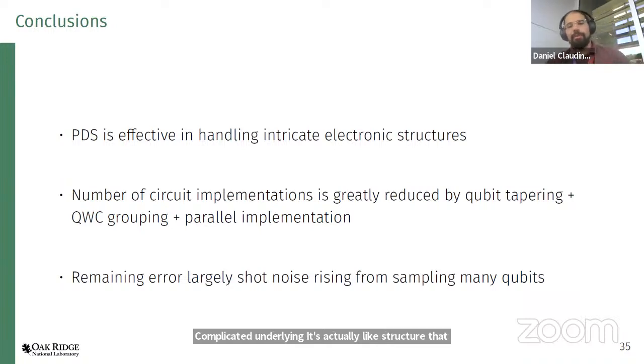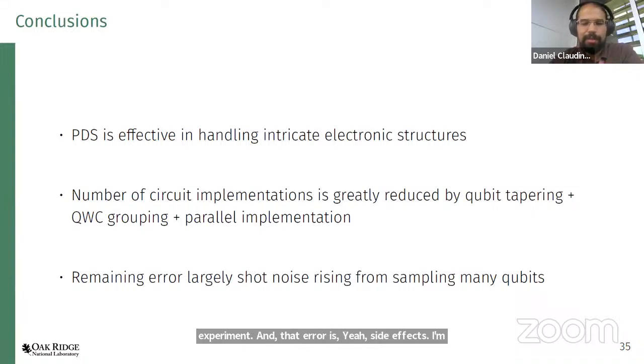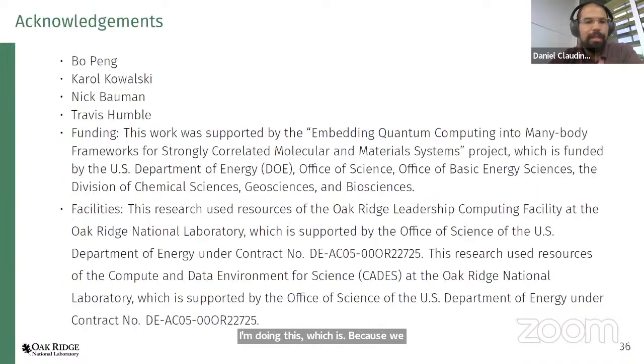With this combined approach, we observe 2 orders of magnitude reduction in the number of circuit implementations, so even with the stringent constraints that we had on access to the hardware, we could still get this experiment run. And that error is one of the side effects of doing this, because we are sampling a much larger space.